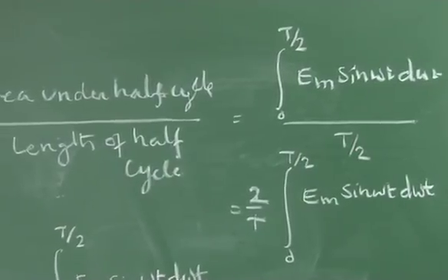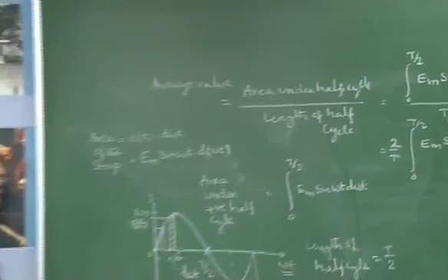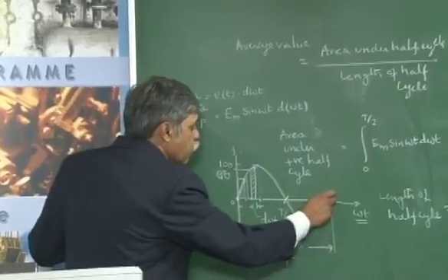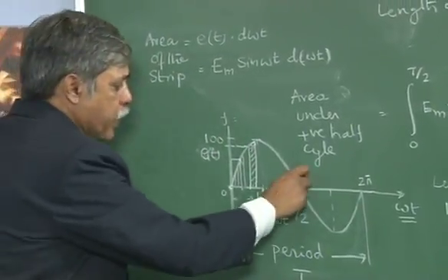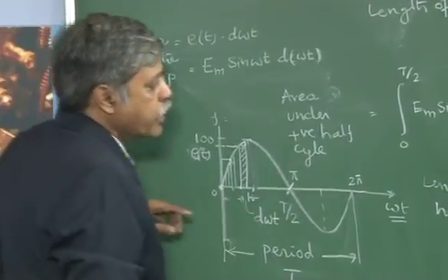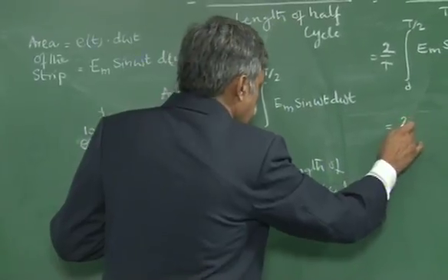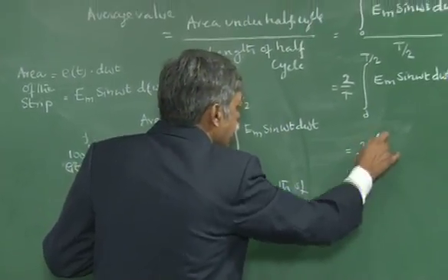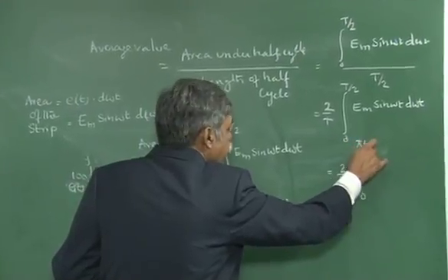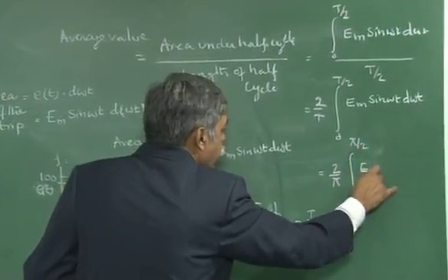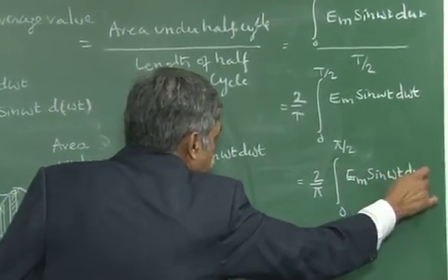If the period of the waveform is expressed in radians, then this T becomes 2 pi, and T/2 becomes pi. Therefore, this expression I can write as 2 by 2 pi, integral 0 to pi of Em sin omega t d omega t.